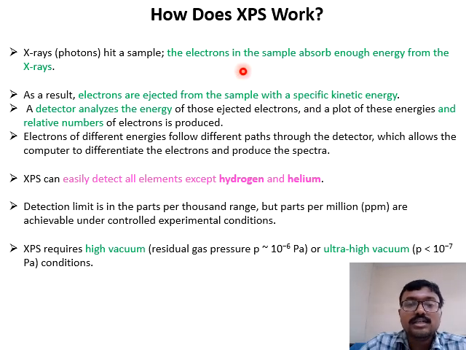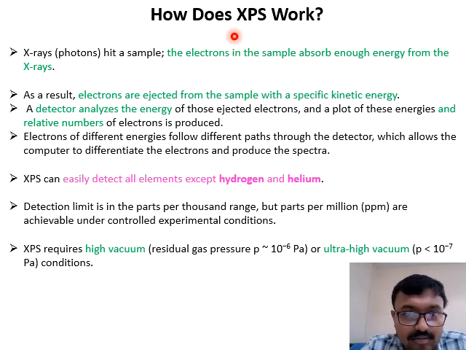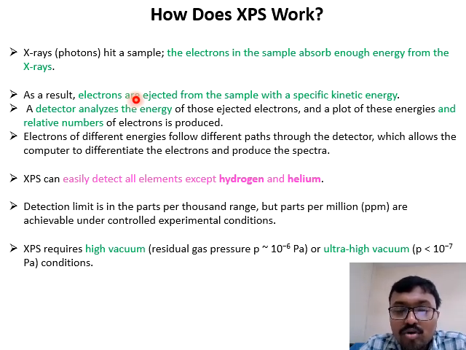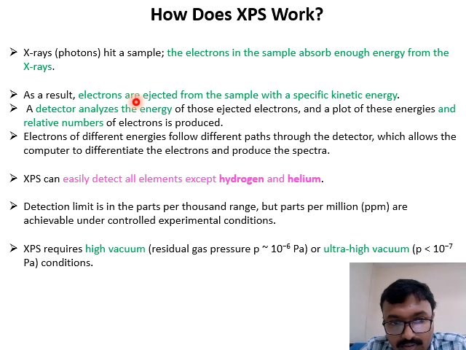Now, how does XPS work? The first step is that electrons in the sample absorb enough energy from the X-ray radiation. X-ray radiation has some energy, so electrons on the surface absorb the energy. Once the electron absorbs the energy, if the energy is more than the work function, then the electron will be ready to emit.